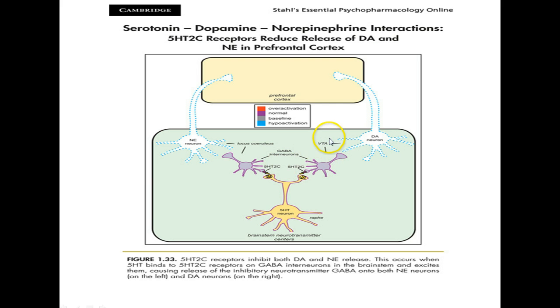So we have these connections there. GABAergic neurons connect to dopamine neurons, and GABAergic neurons connect to norepinephrine neurons, so you can see the raphe and the locus ceruleus are actually connected, and they influence one another.